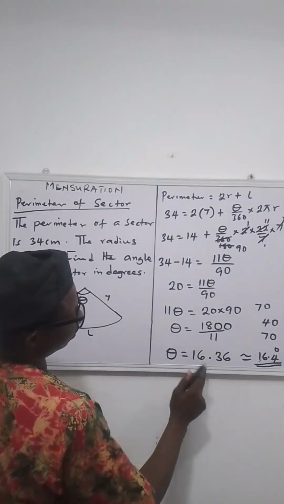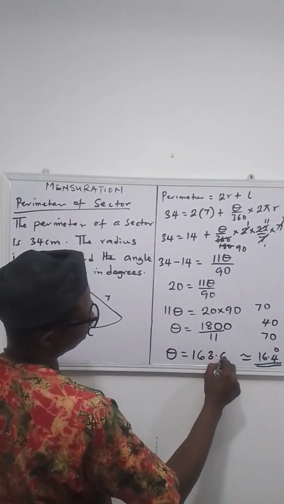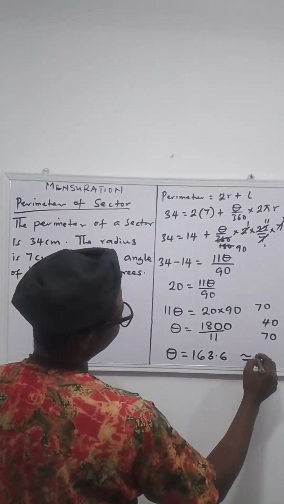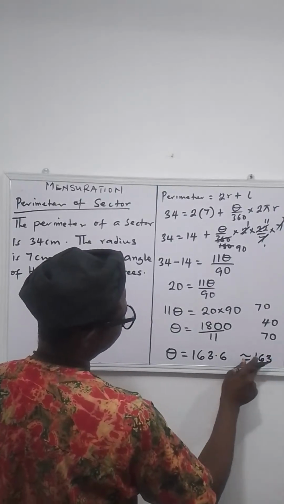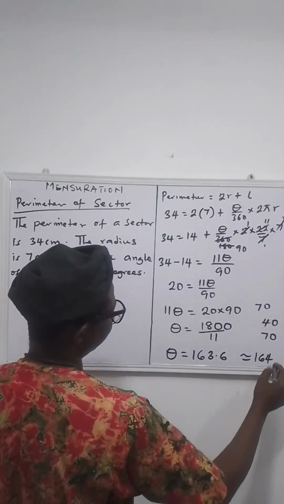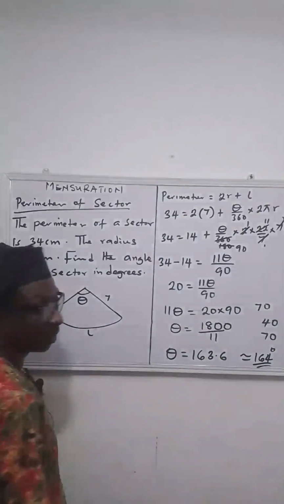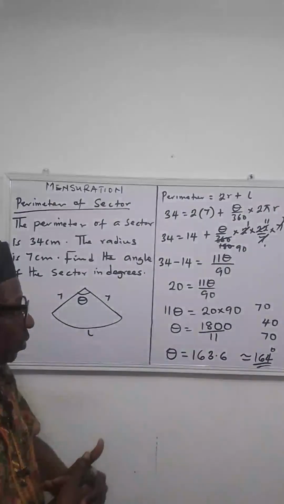So we have it this way, 3.6. That gives you 163, and that will be 4 anyway, to 3 significant figures, in degrees. So thank you for that. That's the answer to the problem.